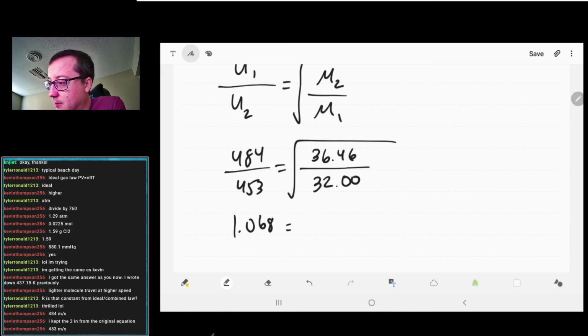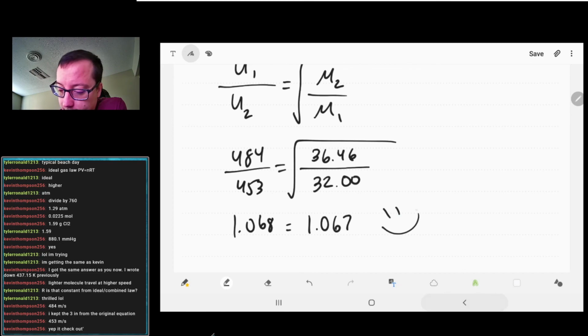And let's see, 36.46 divided by 32. Square root that. Please work. Oh my goodness. Okay, it's slightly off because we've done some rounding, but hooray! We have done it. It checks out.